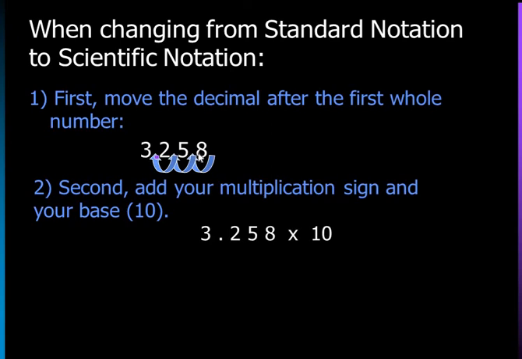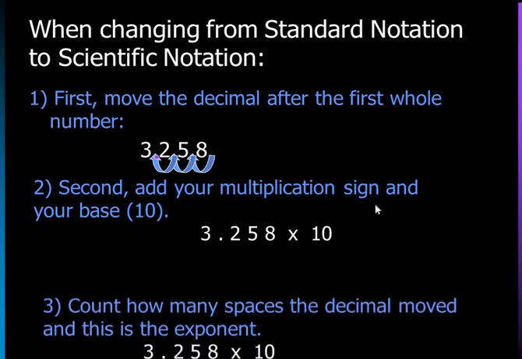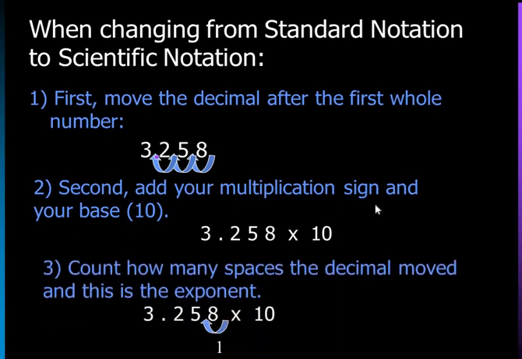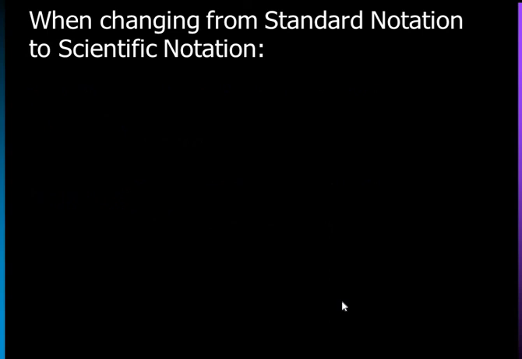I move it from the right end, because as we have said before, in invisible math we can say that every number has an invisible decimal point to the right of it. I move it from the right end, how many digits or spaces? 1, 2, 3. So it's to the power 3. It's 3 spaces, so I write it.